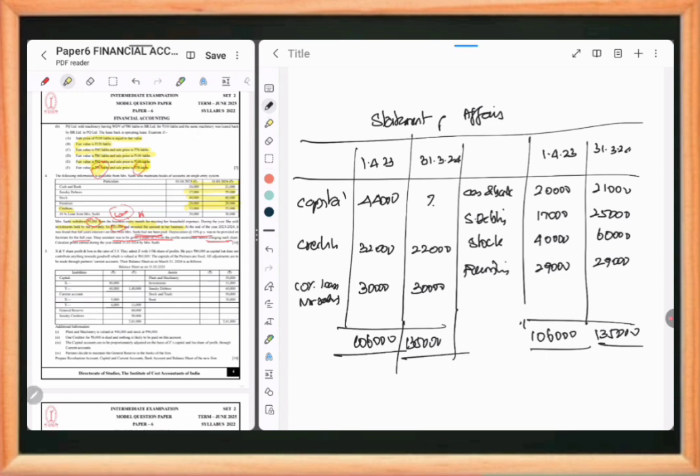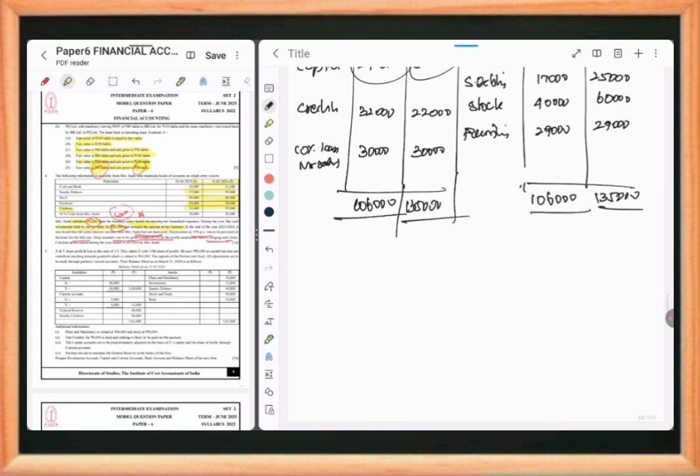So closing capital was 83,000, opening capital 44,000. We found out. Next, the statement of profit and loss account we have to prepare.